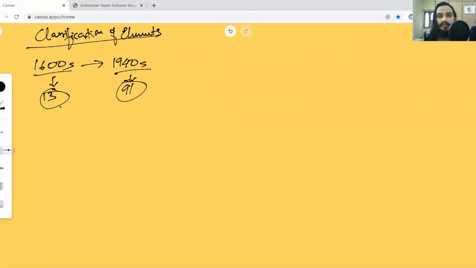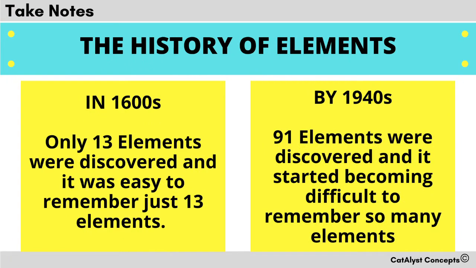Now, it's easy to remember 13 element names and properties, but it's not easy to remember 91 different names and properties, right? So there was an attempt by the scientists to actively look for any common properties or any common method by which to identify or segregate these elements.